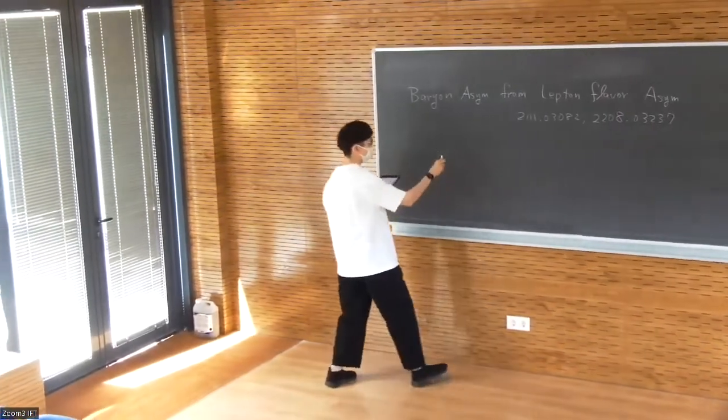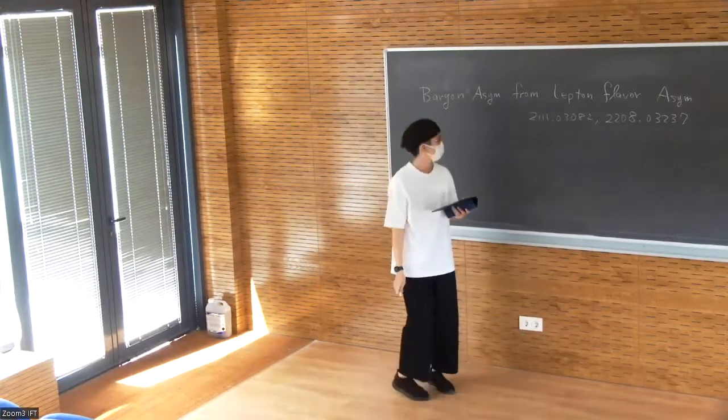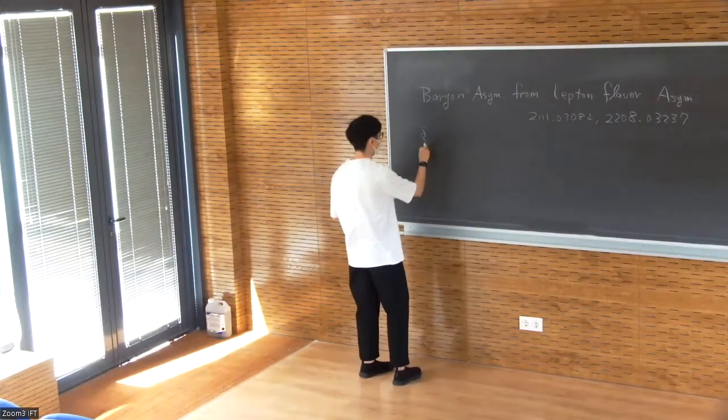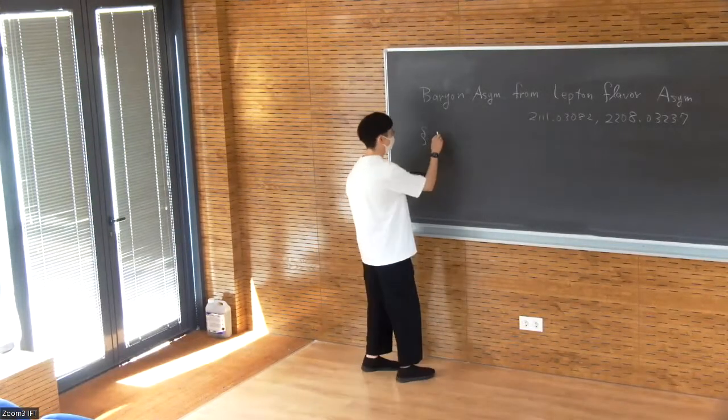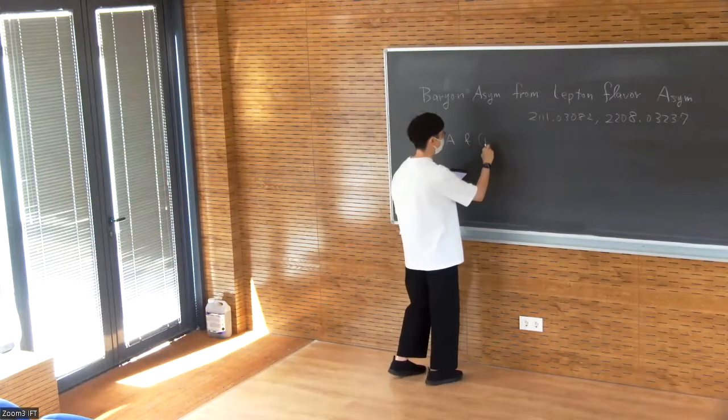Before going to discuss the relation between the baryon asymmetry and lepton flavor asymmetry, let me just briefly remind you that there's a famous relation between the baryon asymmetry and the total lepton asymmetry.